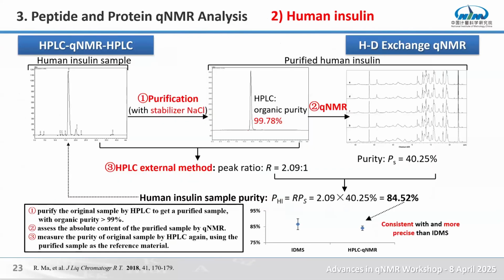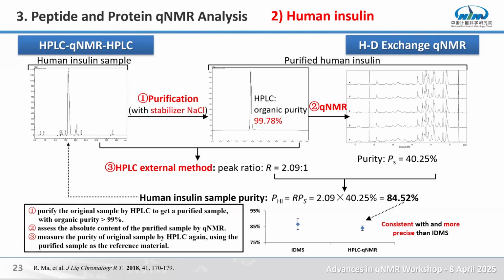That is the second case, HPLC-qNMR-HPLC, to measure the purity of human insulin. The process began with an original sample of HI, and the first step was to purify the original HI using HPLC to obtain a purified HI. The second step is to measure purified HI by qNMR, using CRM as internal standard.